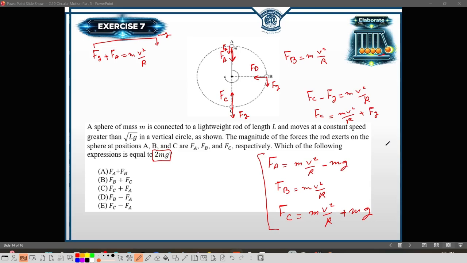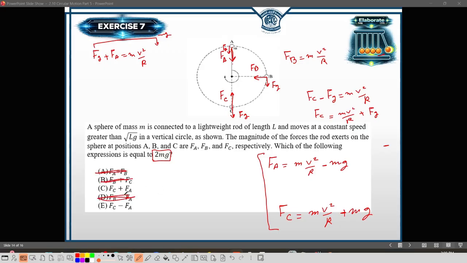Which means we're going to subtract one of these equations from the other. Moreover, I need to show 2mg in my equation. So one can say that we should suspend Fb from our solution because it doesn't contain mg, and the only way to double the mg is by having another mg. So I can safely suspend any answer with Fb.